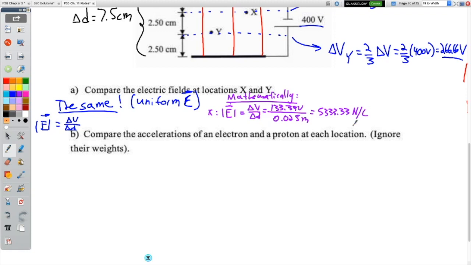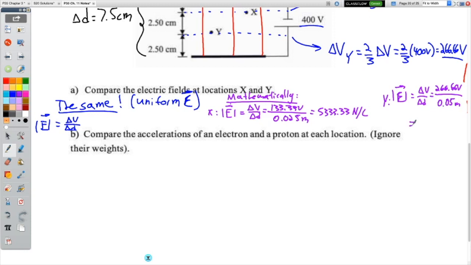Okay, let's look at Y then and see if we get the same result. So at Y, we get that the magnitude of the electric field is once again equal to the potential difference divided by the separation distance. Now at Y, it was 266.66 volts, repeating, divided by, what's our distance now? It's 0.05 meters, because it's 5 centimeters.